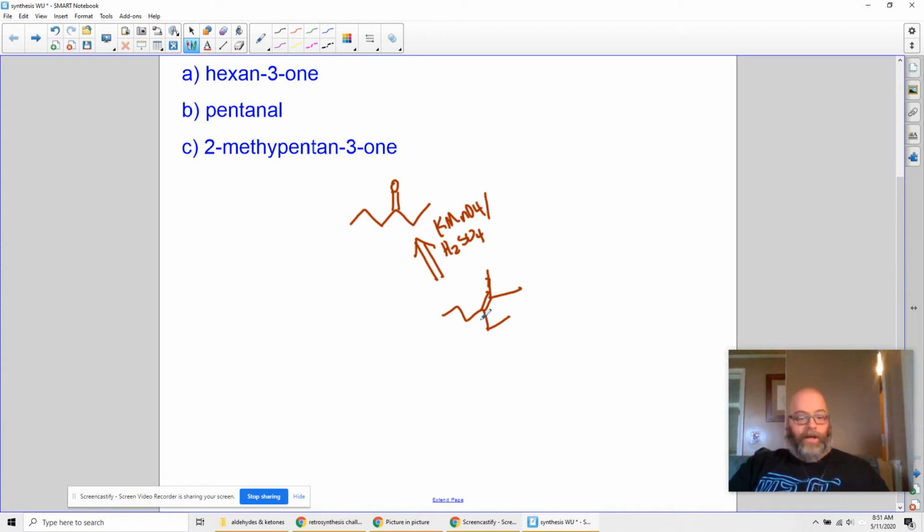Now I've got to figure out how, using chemistry that we've learned, to make this alkene. To make this alkene, we can use an elimination reaction. If we're going to do an elimination reaction, then we need an alcohol, or some kind of alkyl halide, that we can have as a leaving group, and go through an elimination reaction, this being our Zaitsev product.